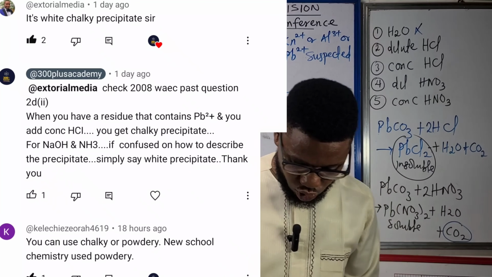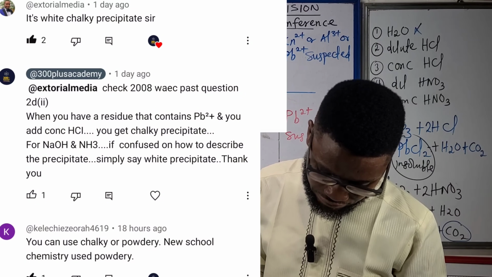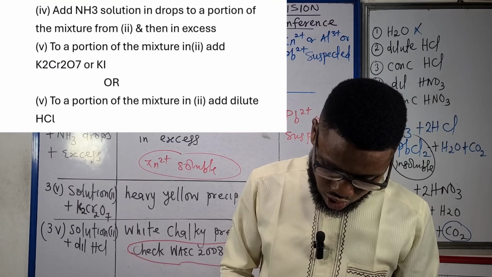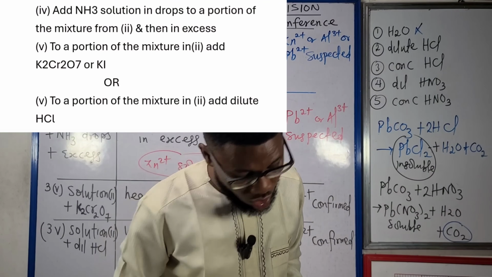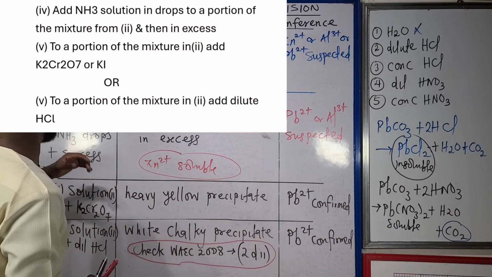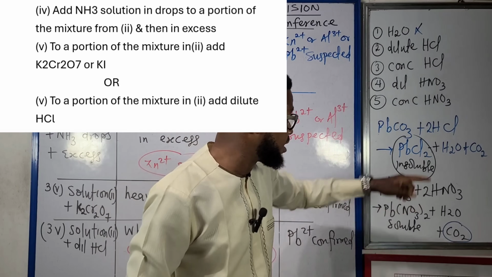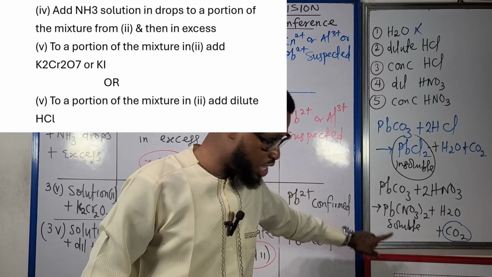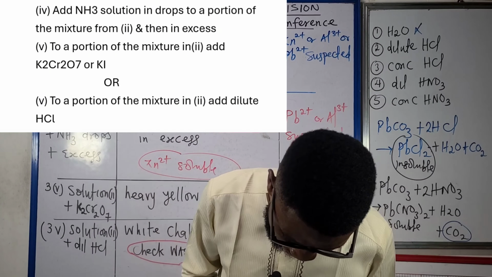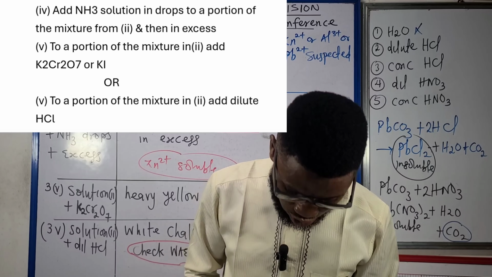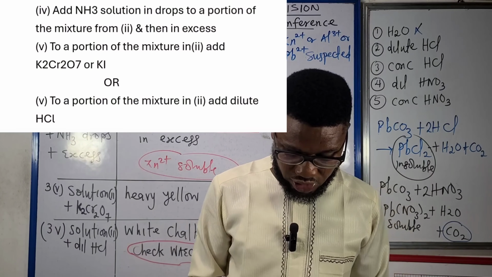So moving on to the next question, 3 Roman figure 5. We were told to take a portion of the mixture, that's talking about the solution we had in 2. The solution we had in 2, we were told to add potassium dichromate(VI) or potassium iodide.